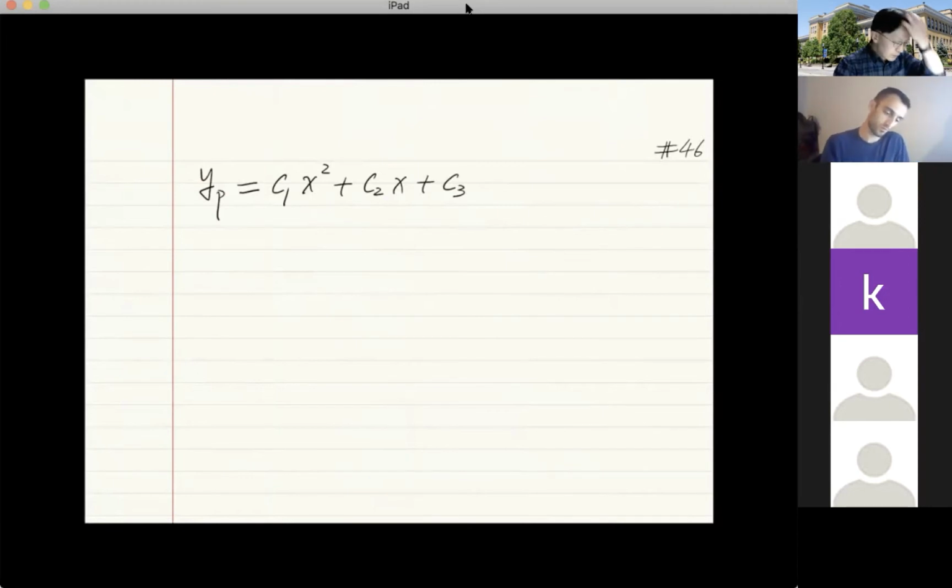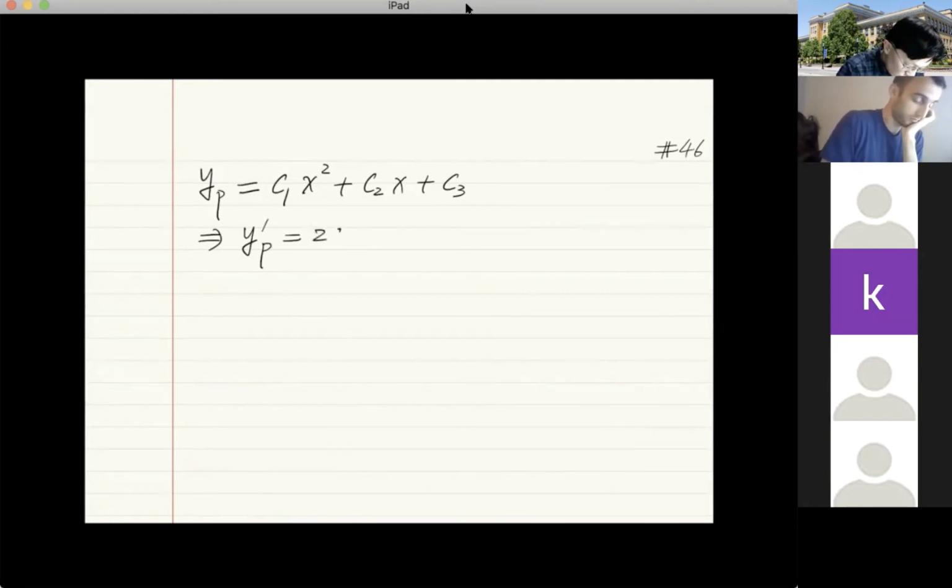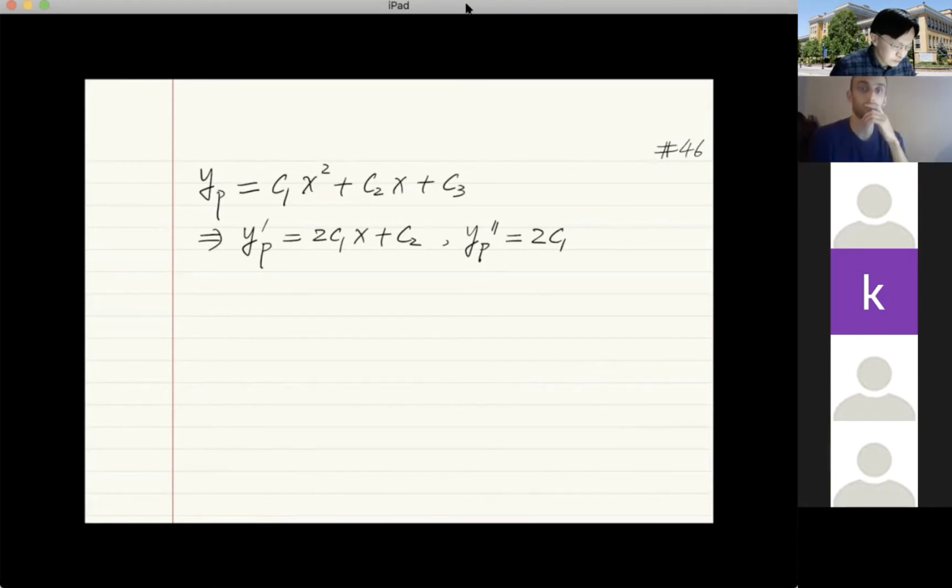Now what we have to do is plug in to determine this. If you have yP in this form, the first order derivative yP prime equals 2C1 times x plus C2, and the second order derivative is just 2C1.